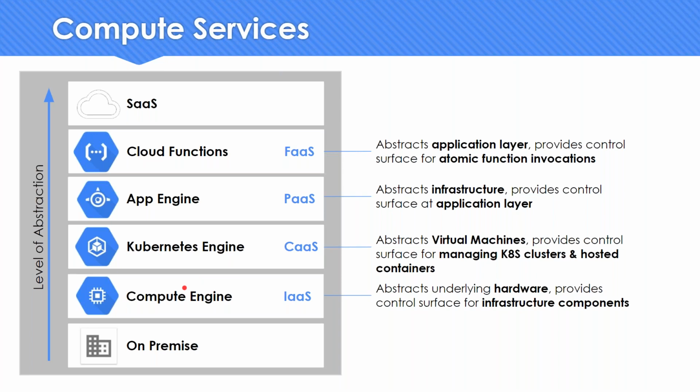So if you want more control, you can use the bottom options. If you want less control, zero operations, and your focus is more towards writing code, then options up the ladder like Cloud Functions and App Engine are going to come very handy. And there's an in-between product, I would say, between App Engine and Kubernetes Engine.